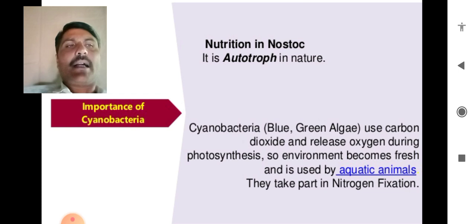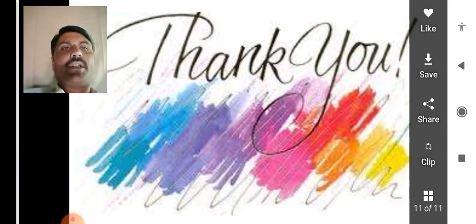These algae use carbon dioxide and release oxygen during photosynthesis. So it is important for the environment, which becomes fresh, and the oxygen is used by aquatic animals in the aquatic ecosystem. They are also useful in the fixation of nitrogen.